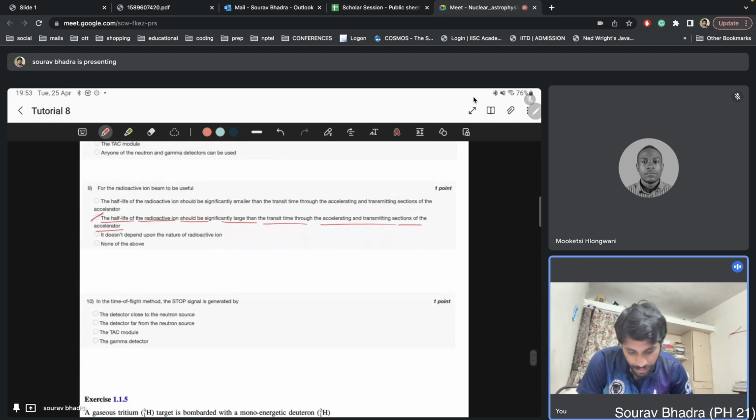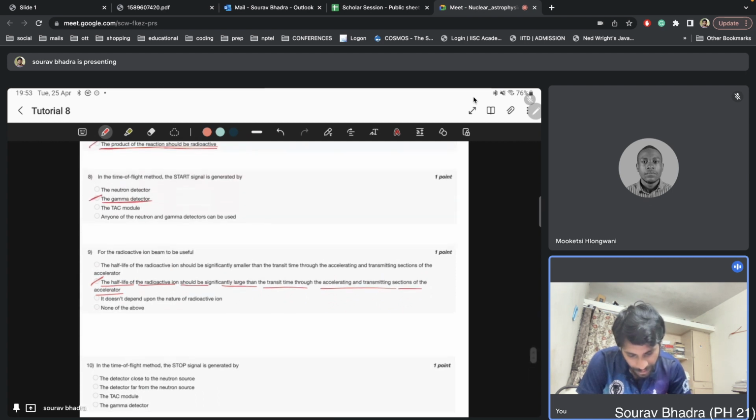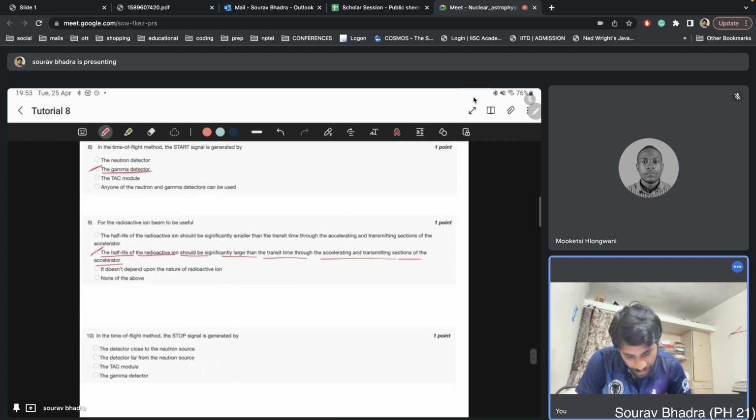And the last question, the 10th: the 8th one was the start signal, so the detector far from the neutron source will create the stop signal. So these are the answers of the last 5 theoretical questions.